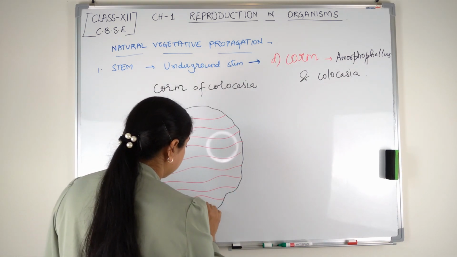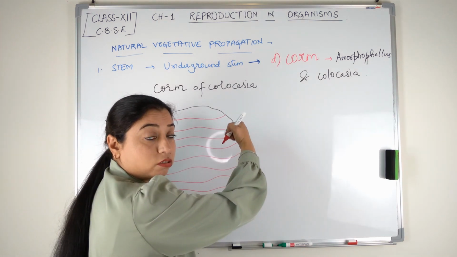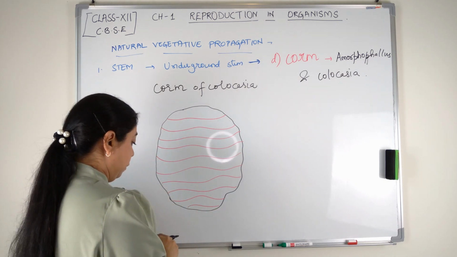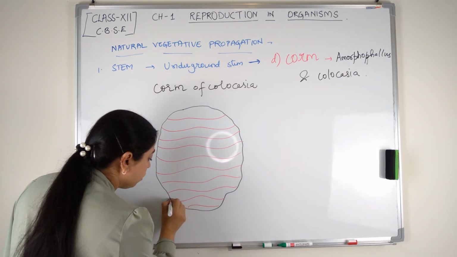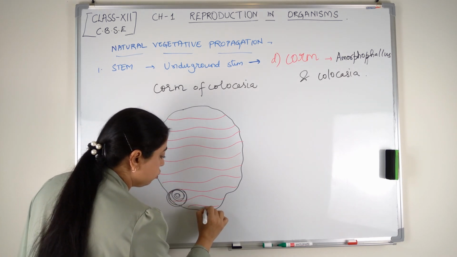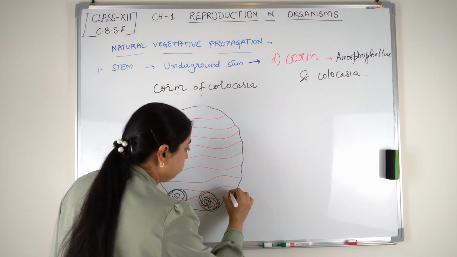So these are nodes, and in between the nodes the space is known as internode. Other than this, they have rounded structures at the base. These are daughter corms.